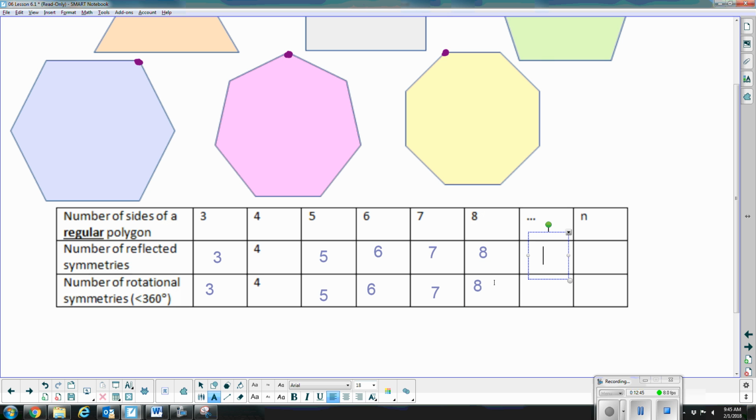So what does that mean? Can we draw any conclusions? What would it mean for an n-gon? Probably that there's going to be n reflected symmetries and n rotational symmetries, however many sides there are.